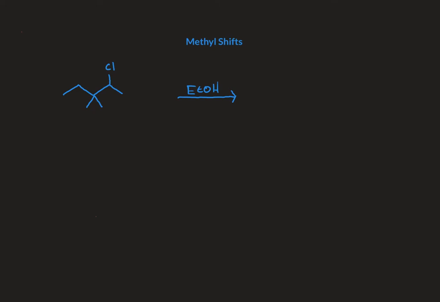And so the first thing that happens is this chloride leaves to form a carbocation. It's possible, and likely some of this product would form, that ethanol then comes in and attacks that carbocation as we would have expected.